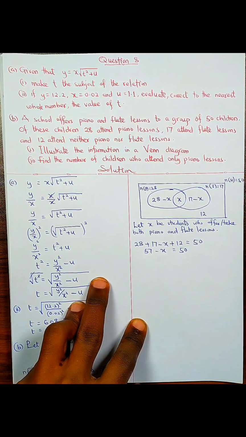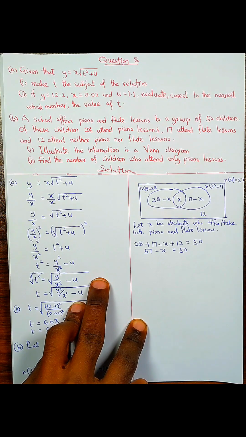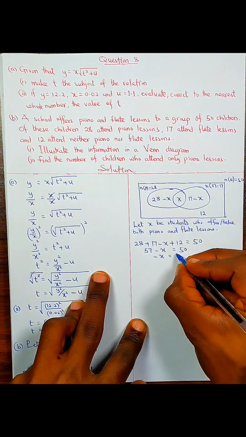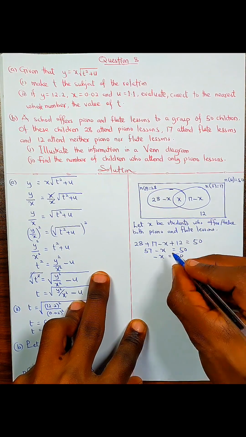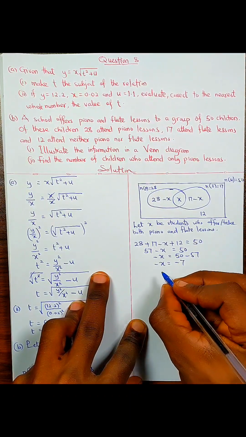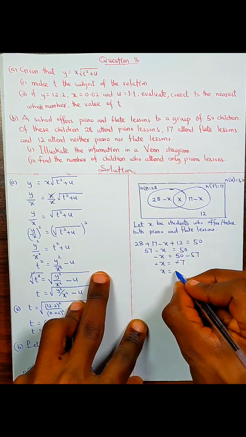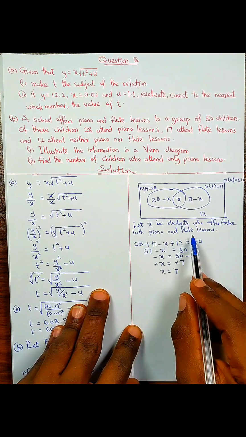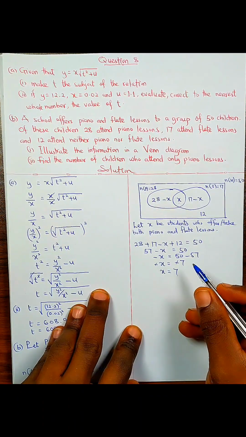So we have minus X is equal to 50 minus 57. So we have minus X is equal to minus 7. The negative and negative cancel out. We have X is equal to 7. So we know that the number of students who are taking both piano and flute lessons is what? 7. But we are not asked to find this.